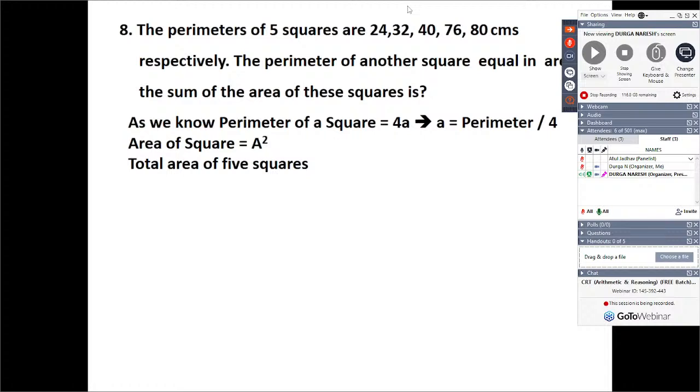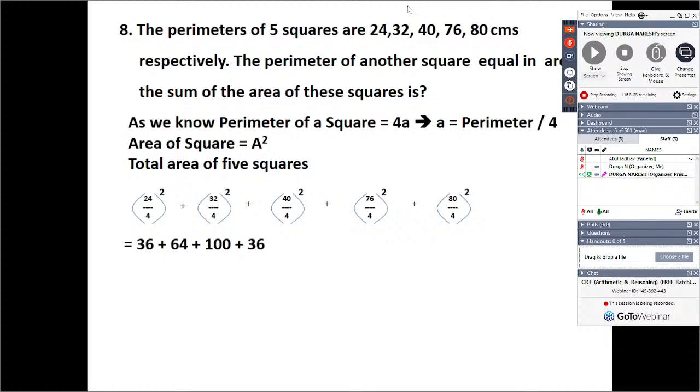So the total area of these 5 squares: how to get it? 24 by 4 whole square plus 32 by 4 whole square plus 40 by 4 whole square plus 76 by 4 whole square plus 80 by 4 whole square. 36 plus 64 plus 100 plus 361 plus 400.